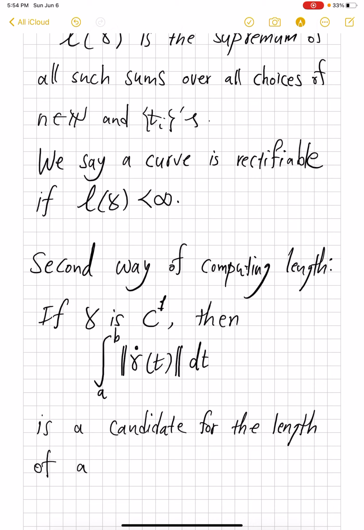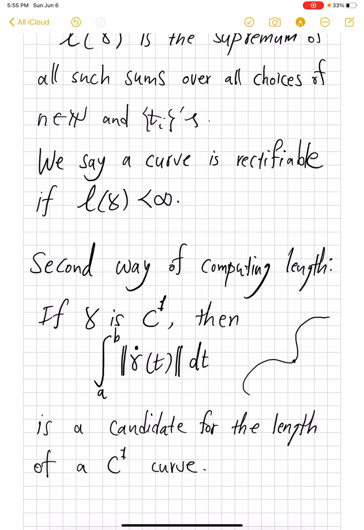the length of a C1 curve. Of course this needs more justification, and if you know a little bit of manifold theory, then definitely you know where it comes from. And for calculus students, we simply tell them this is how you compute the length of a curve.